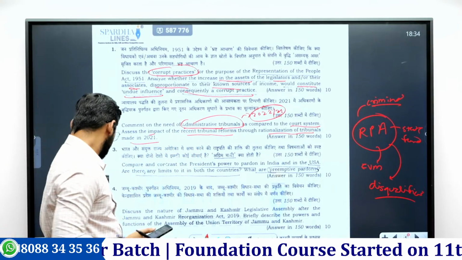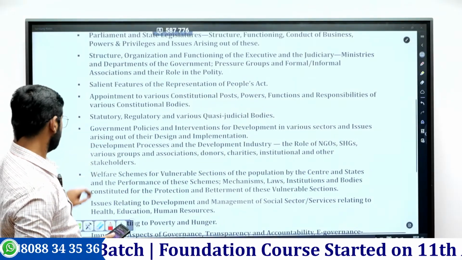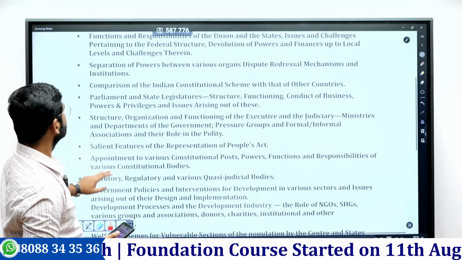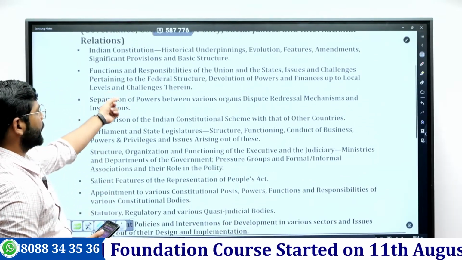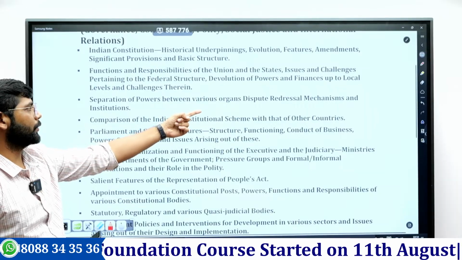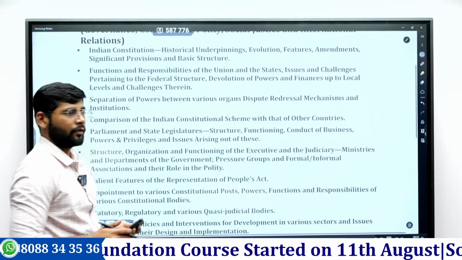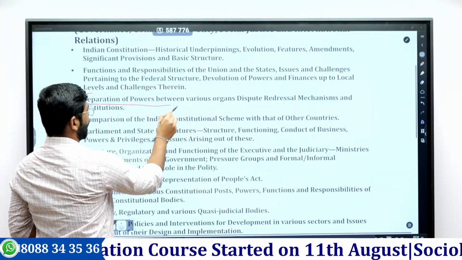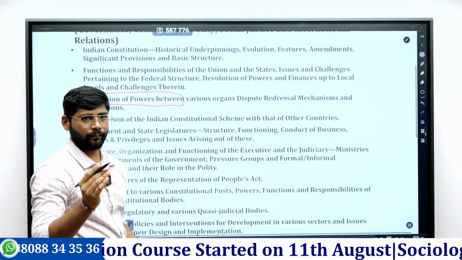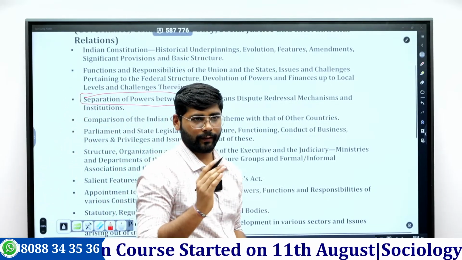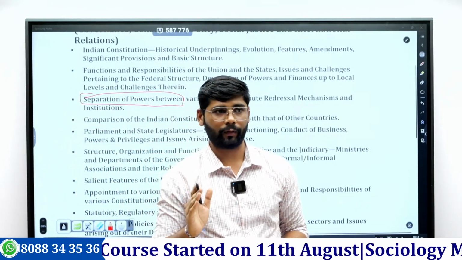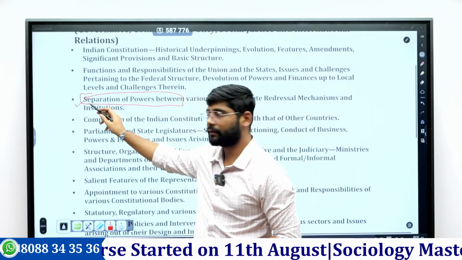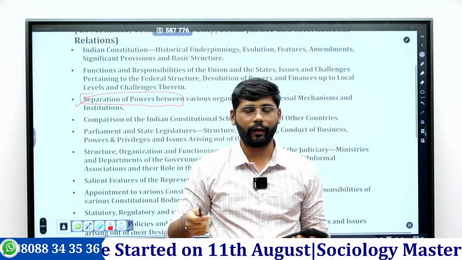And also when you see the syllabus, separation of power between the various legal dispute redressal mechanisms and institutions. So what is the question talking about? Administrative tribunal and the court system, comparing. It is focusing on separation of power. So again it is linked to the syllabus. When we cover this syllabus, you need to think on different aspects.